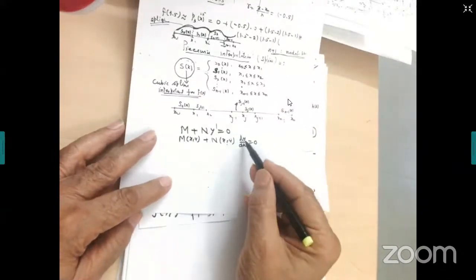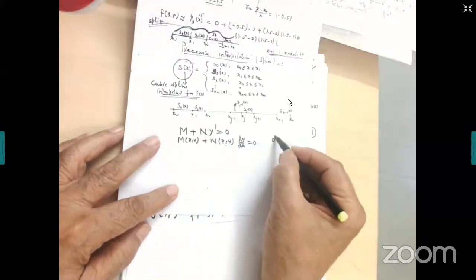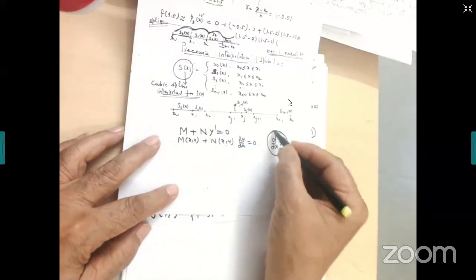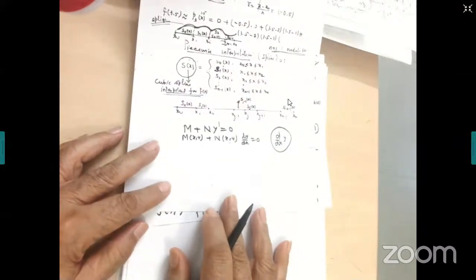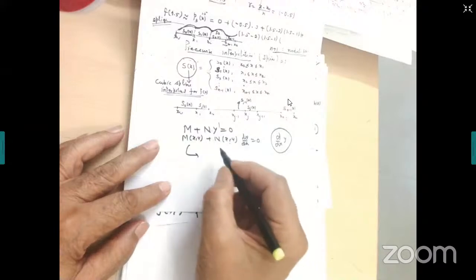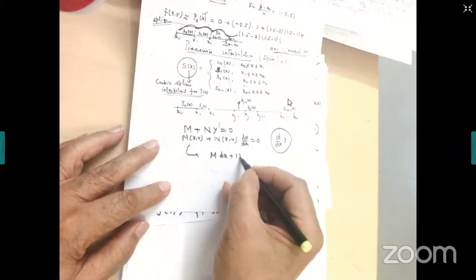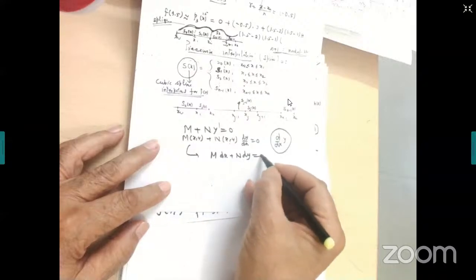What is the meaning of dy by dx, by the way? It is an operator. d/dx is an operator operating on y. It is not dy upon dx, but you might have noticed that we write very frequently this as M dx plus N dy. Yes or no?